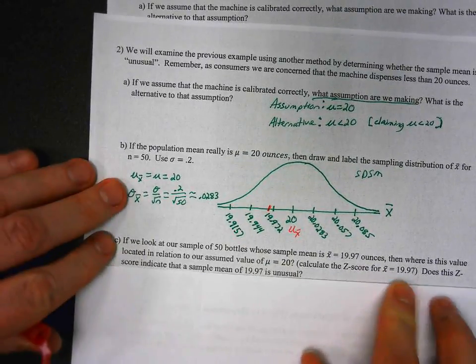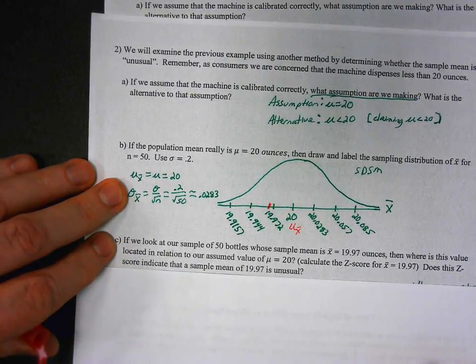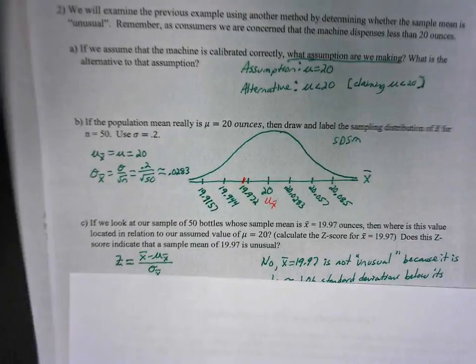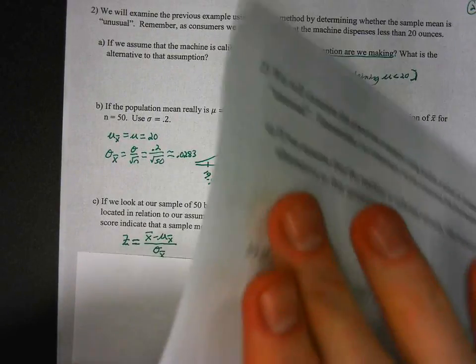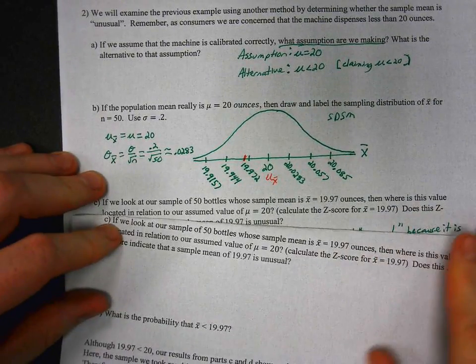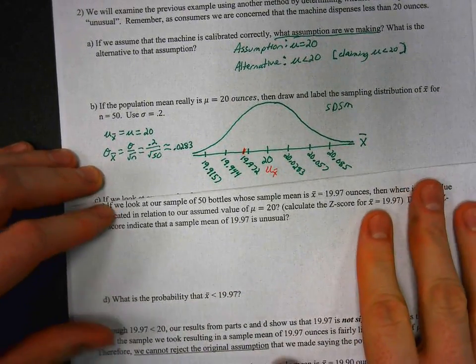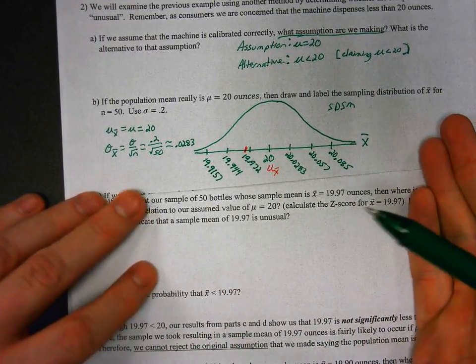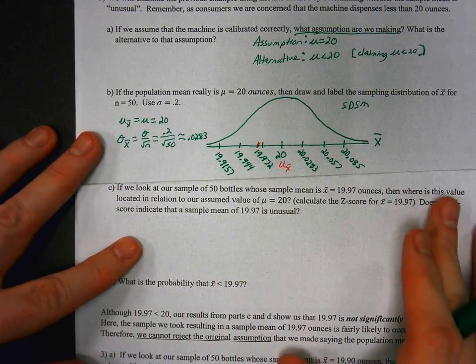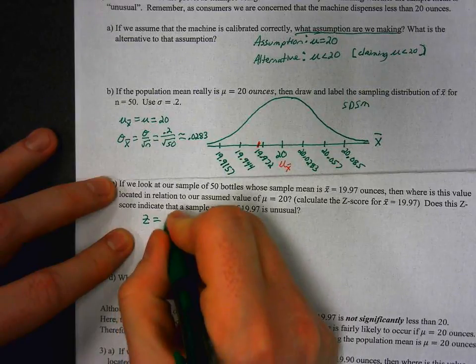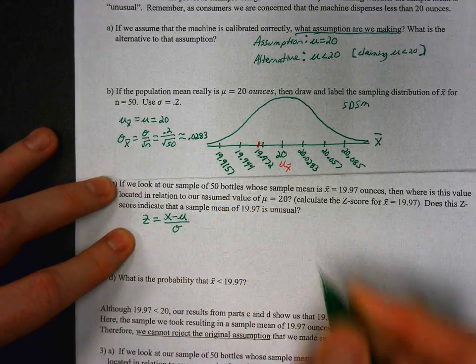So to calculate a z-score for x bar, let me go back to a blank piece of paper for a minute. Bear with me for a second. What we did before to find a z-score, back when we started with the normal curve, was we said that z equals x minus mu over sigma.